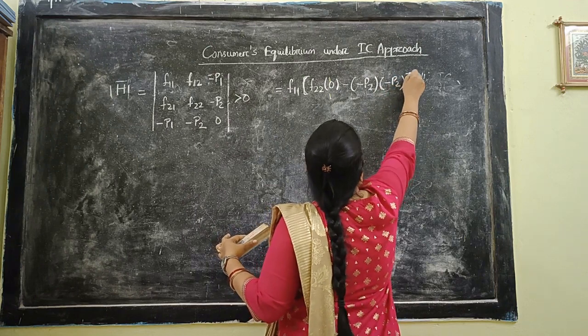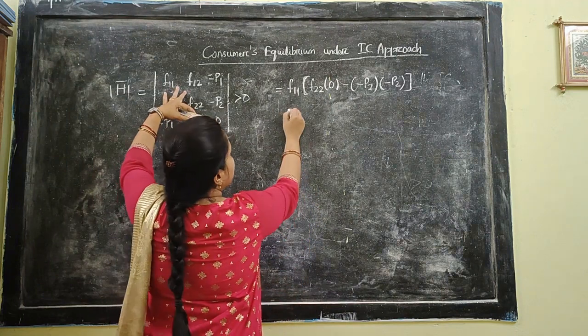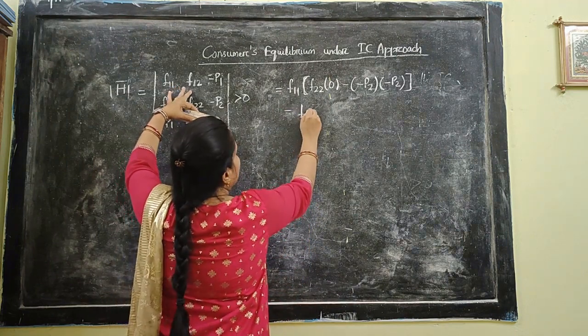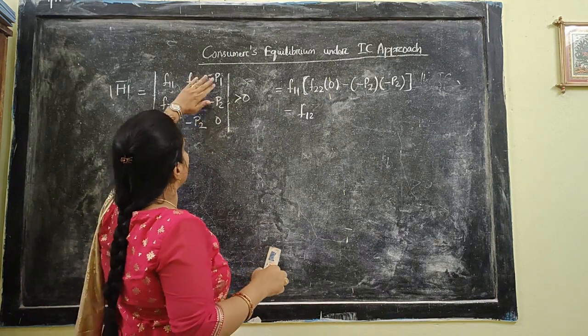Okay. So then minus F12, again we have to take F12. So this we have to omit and this row we have to omit.